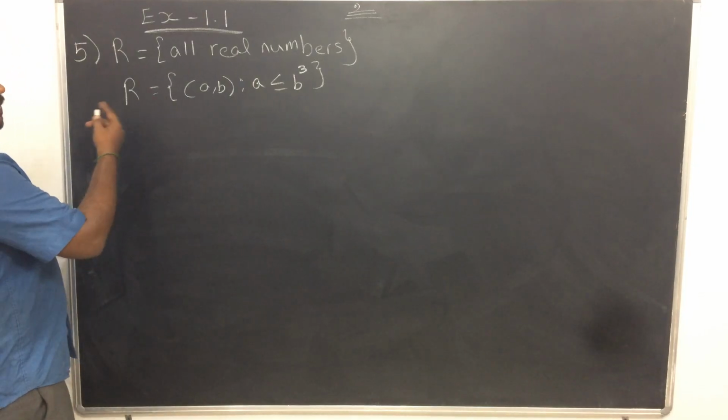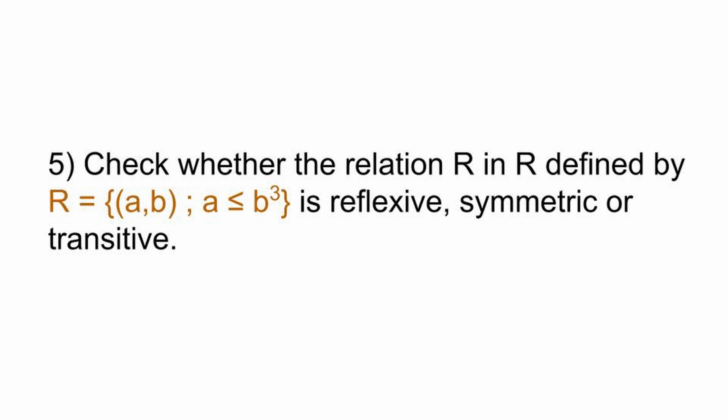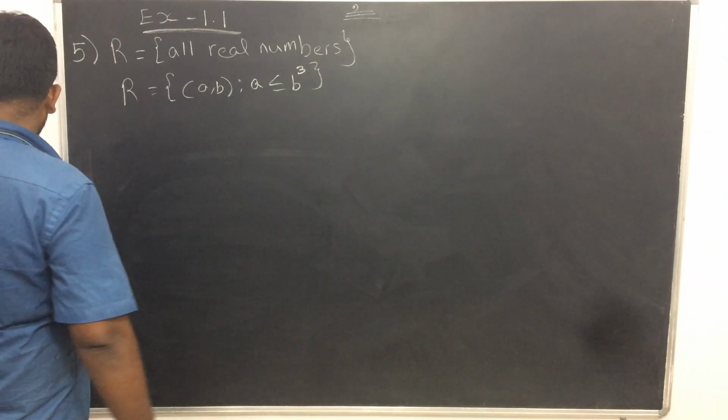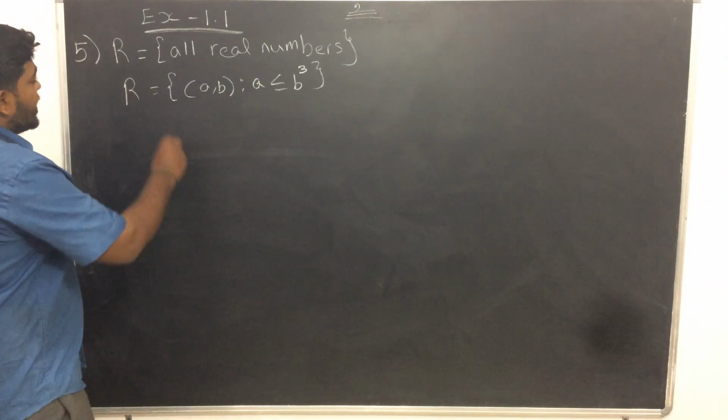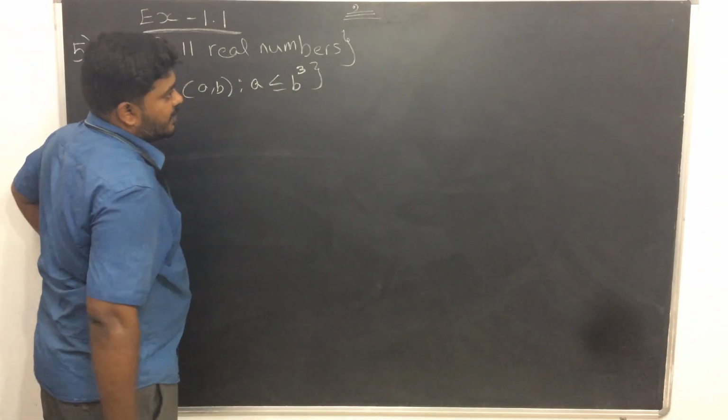So exercise 1.1, fifth sum. The fifth sum, what does it say? Check whether the relation R in the set of real numbers defined by R = {(a, b) : a ≤ b³} is reflexive, symmetric or transitive. So they're telling us that set R is nothing but the set of all real numbers.